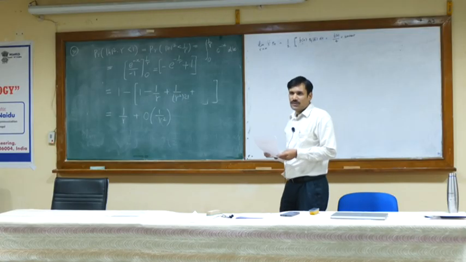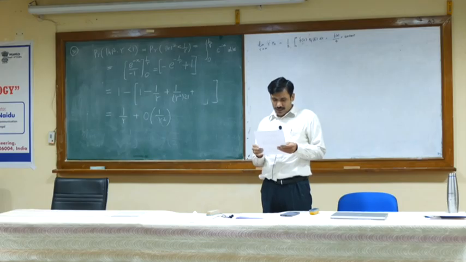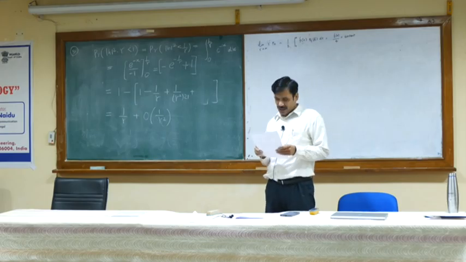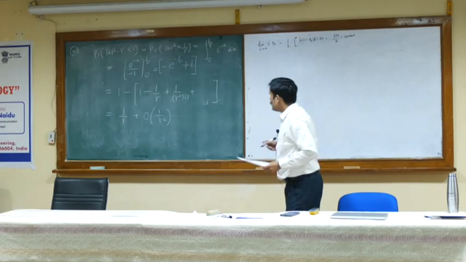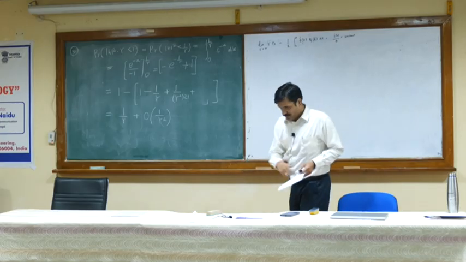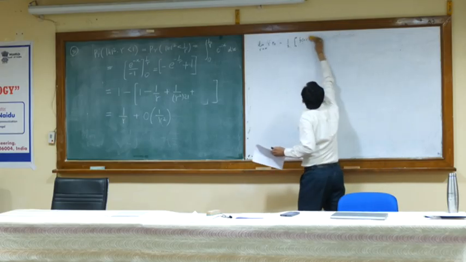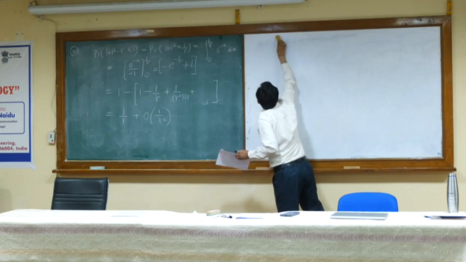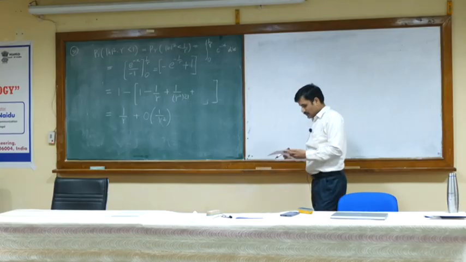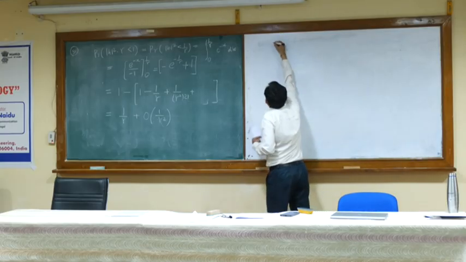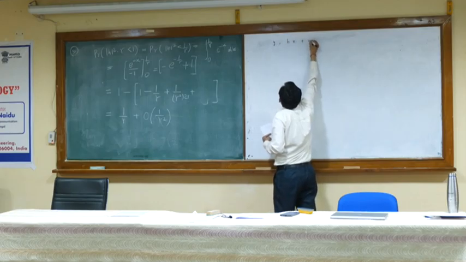Now let's come to the 6th question. Consider an L repetition code with Rayleigh fading channel and BPSK modulation. So let's say y equals hx plus w.